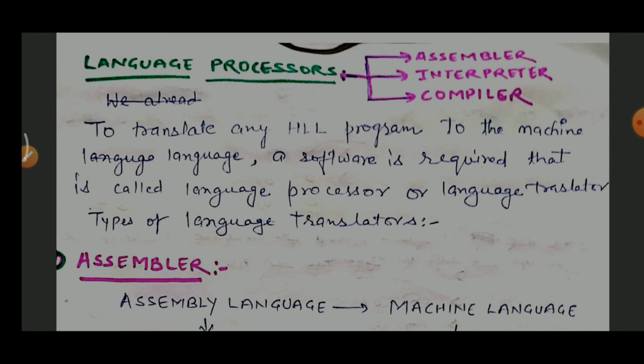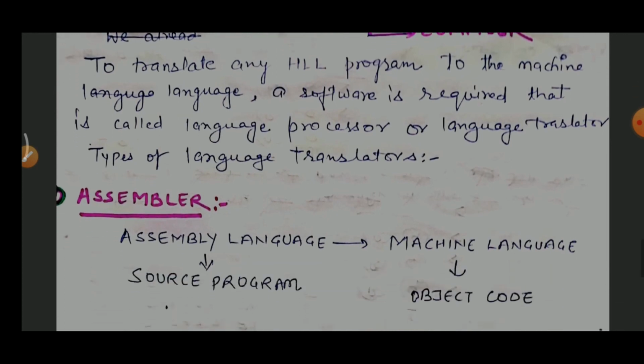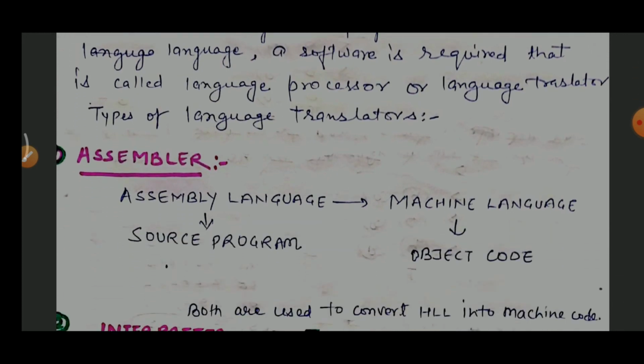First of all, just understand the purpose of the assembler. The assembler is a translator program, or we can say software, that converts a program of assembly language into machine language.